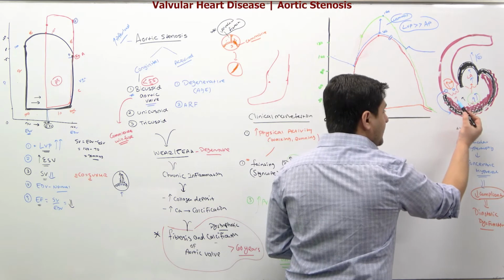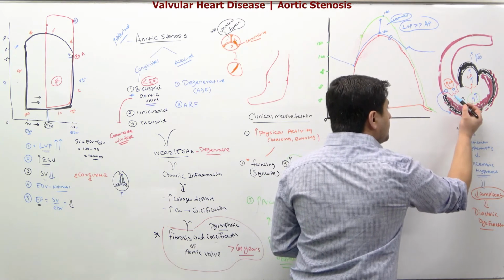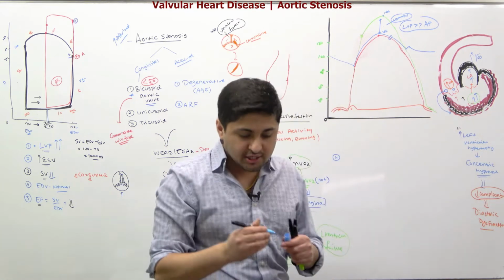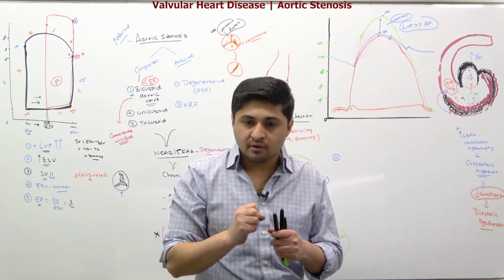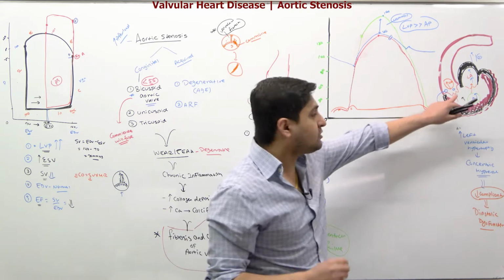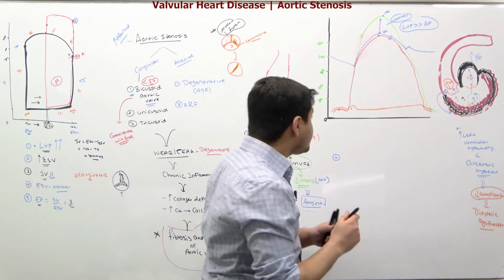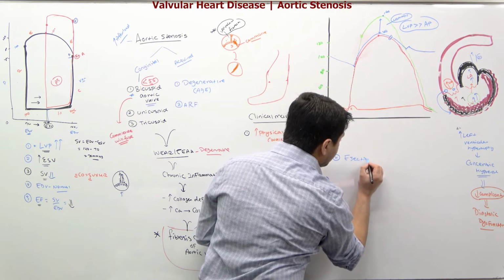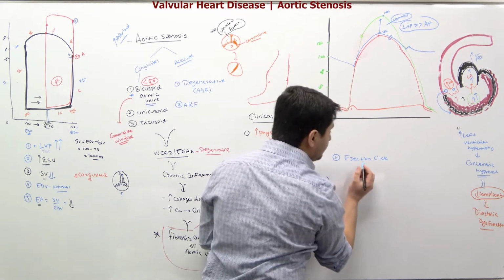Whenever the left ventricle contracts, it has to generate higher pressure to open this valve, right? As soon as the aortic valve opens up, it produces a click, and this click is called an ejection click. There are different names given.